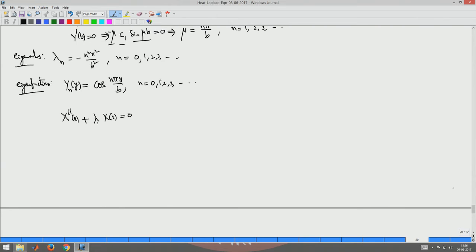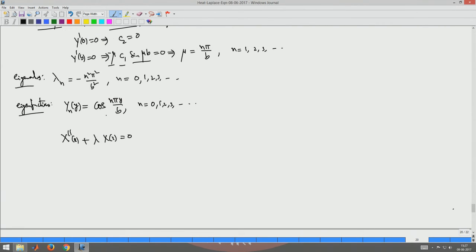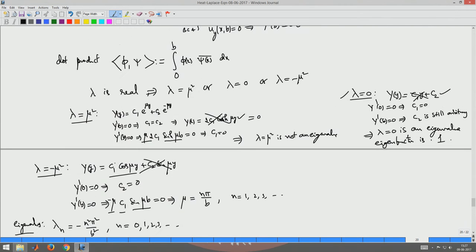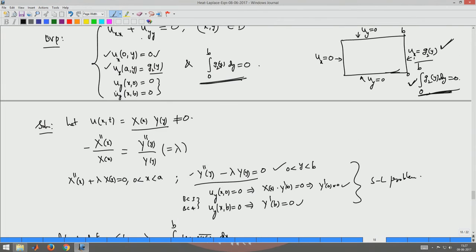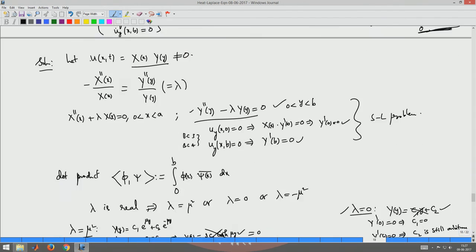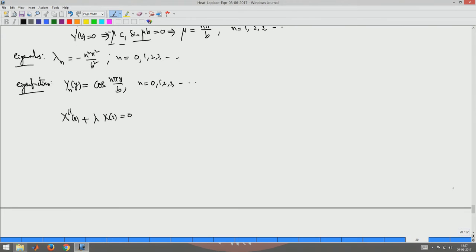Earlier we replaced lambda with lambda n's. You need not do this because the first boundary condition, boundary 3, 4, is a zero boundary condition. That makes it one constant we can nullify.